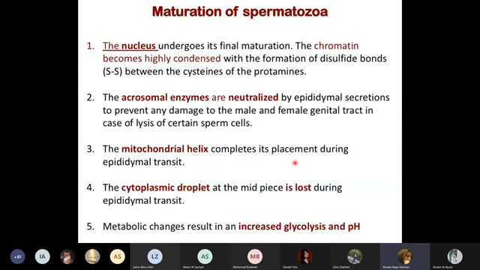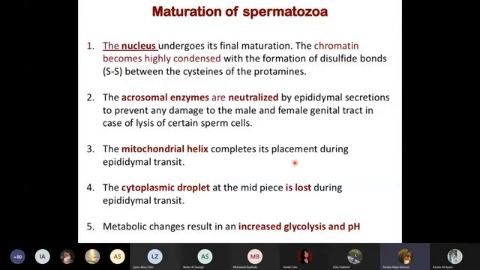These proteins that will be surrounding the head of the sperm cell will prevent, in case there is a leakage of the acrosome or a lysis of the sperm cells, these acrosomal enzymes from causing damage to the male and female genital tract. In case there is a premature acrosomal release, that is not its time to be released, the presence of these epididymal secretions will prevent any damage that can be caused by these acrosomal enzymes, because they are hydrolytic enzymes, they are lytic enzymes.